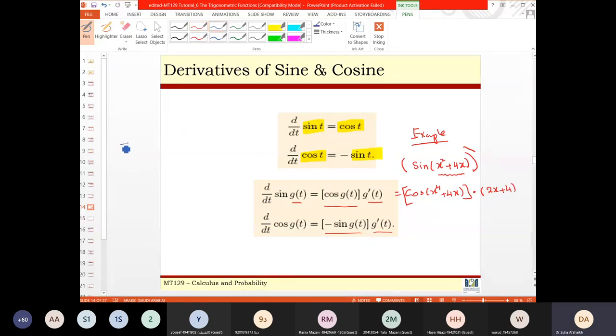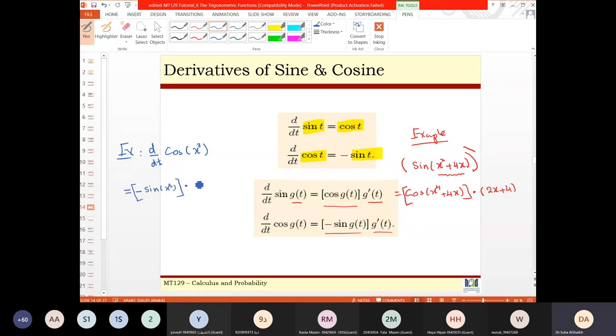One more example. I want you to find me d by dt of cosine of x to the power 3. What's the derivative of this? It's cosine of x cubed, so the derivative of the cosine is minus sine of x cubed.